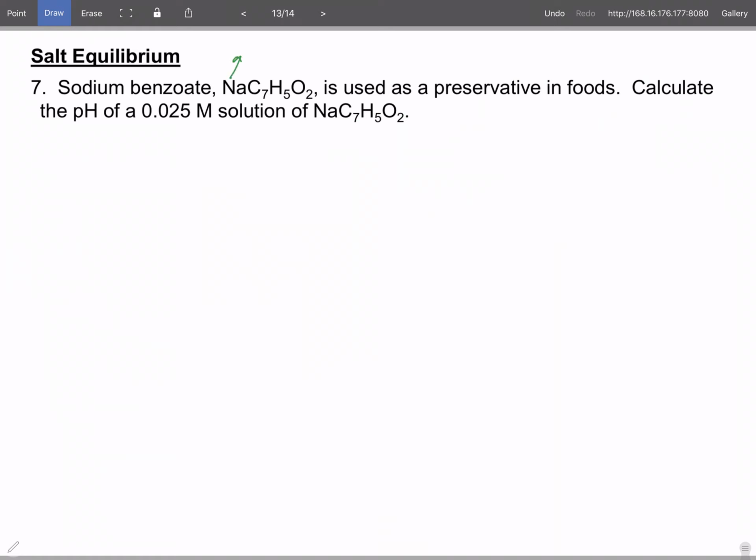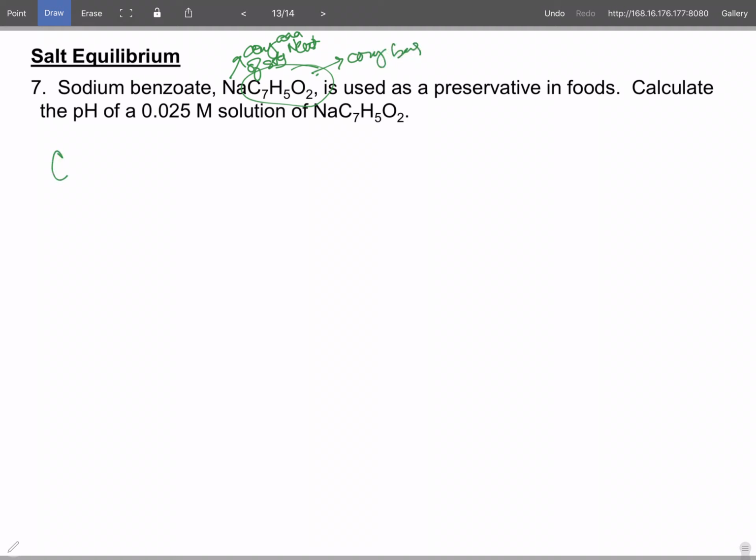Well, sodium, remember, is the conjugate of a strong base, so it is neutral. So the only one we're worried about is the benzoate species here. If that's the conjugate acid, then this will be the conjugate base, so we're dealing with a base.